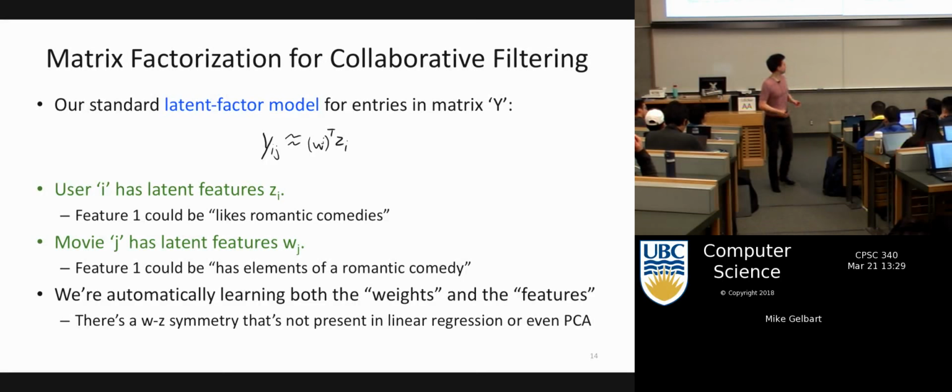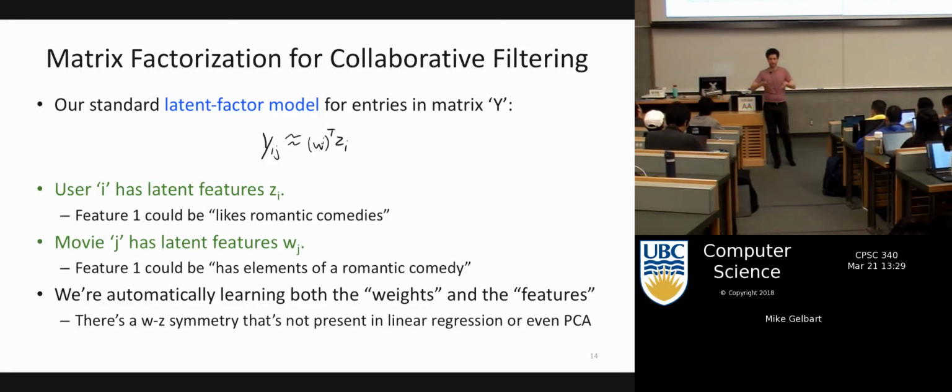So it's just when I use words in English to say what those features might mean, I just have to use slightly different words. It's the same feature, it's just the number in position 1 if it's feature 1. But the number in position 1 in Z, I'm just trying to turn into words, and maybe it's that user likes romantic comedies, and the number in position 1 in W, meaning row 1 in W, I would just describe it a little differently, but they're actually the same feature.